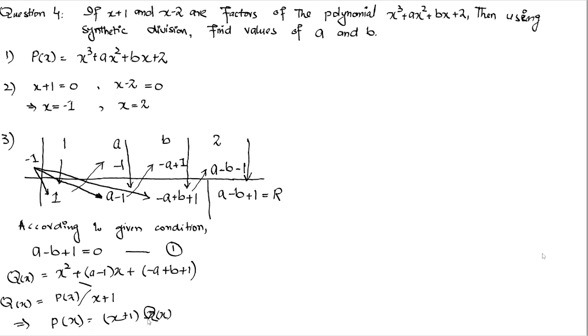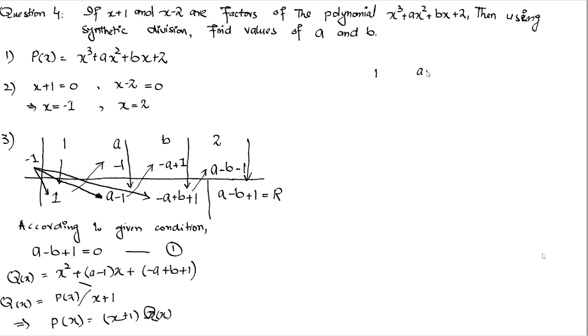So for the next division by the factor x minus 2, we will consider only this quotient instead of considering the whole polynomial. So we will write the coefficients of this quotient q of x, which is 1.